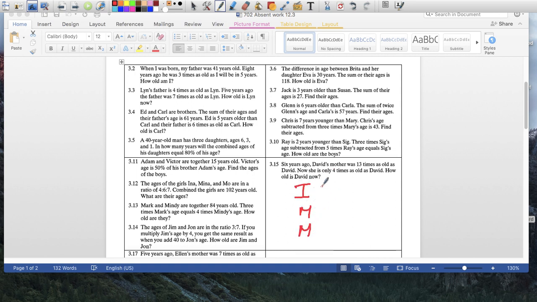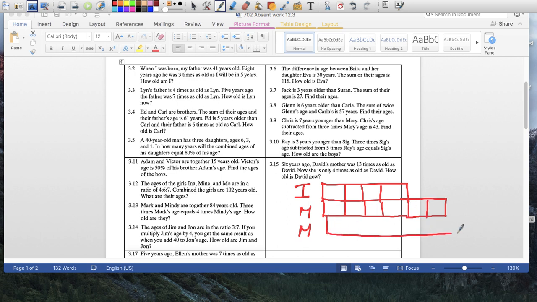So if we create a ratio problem, I represent Ina with 4 boxes: 1, 2, 3, 4. Then 4, 5, 6 for the next. And the other one is 7: 1, 2, 3, 4, 5, 6, 7.